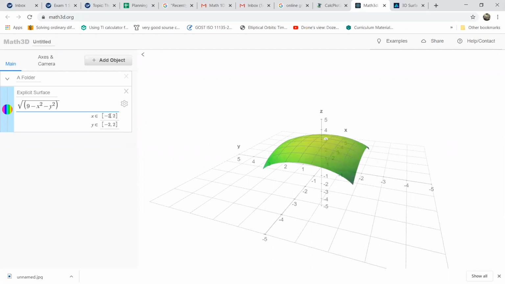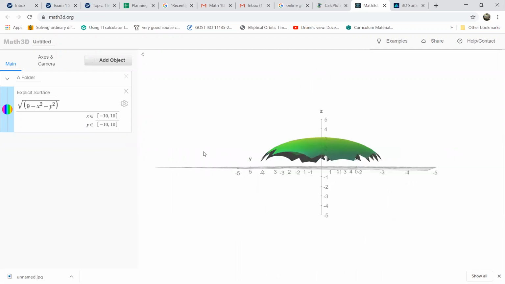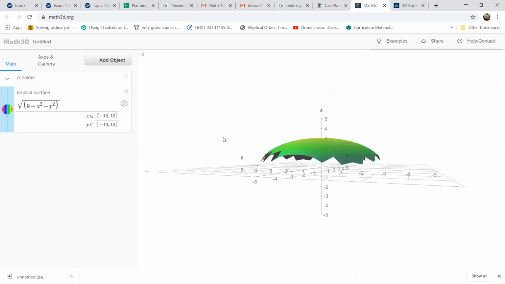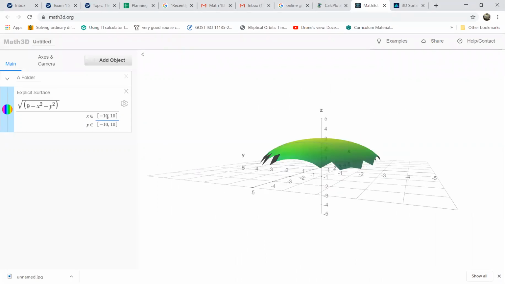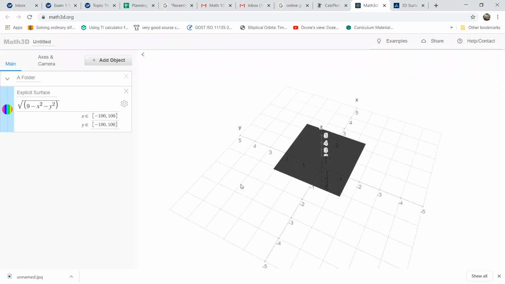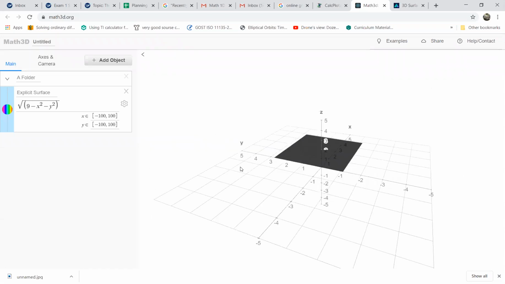Note that these surfaces continue on both sides. If you change the range of x and y, you can actually see how they grow. They never stop. We can add as many zeros as we want here, and you can see how it behaves. It's going to continue on all sides.